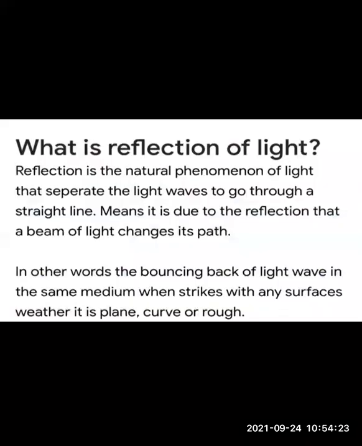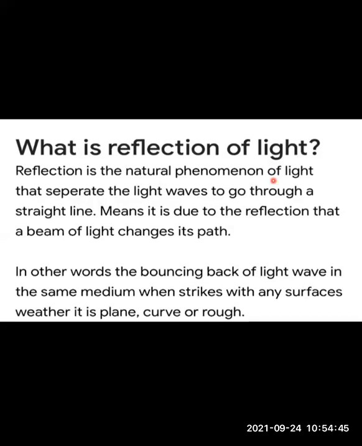So what is reflection of light? Reflection of light is a phenomenon that we see in our day-to-day life. It is really a beautiful phenomenon that is observed in nature. Reflection is a natural phenomenon of light. What it does is it changes the straight-line path of light waves.